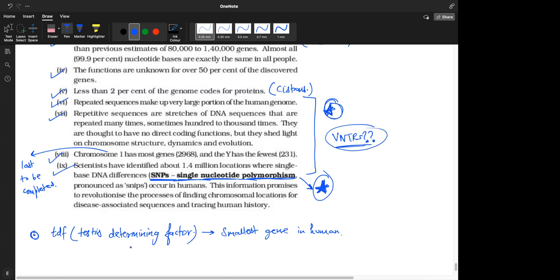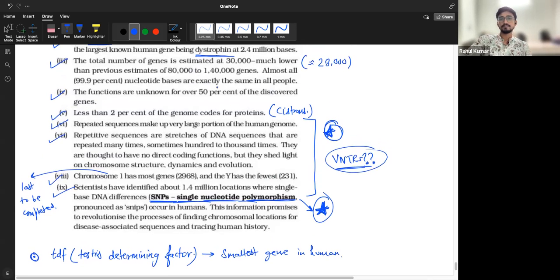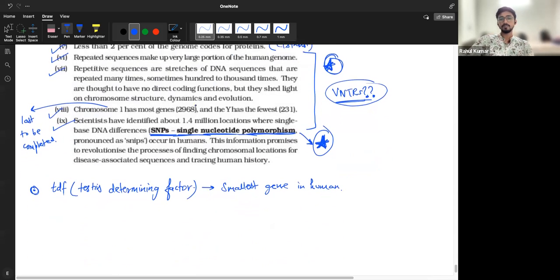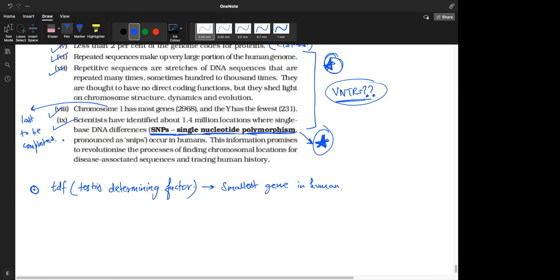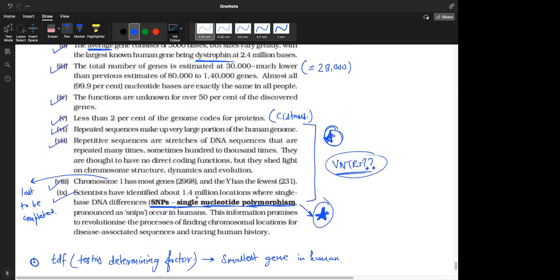Yes. And can you imagine how small it could be? See, the largest one is 2.4 million base pairs. So how small will the smallest gene be? TDF, it will be this small. Yeah, I understand. But how small? How many base pairs? Very small.